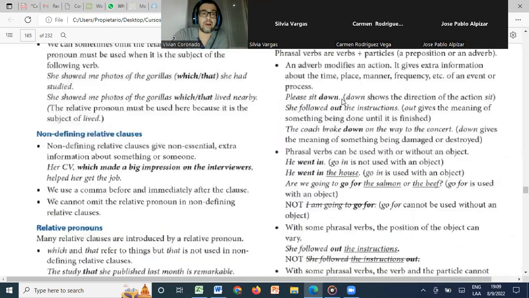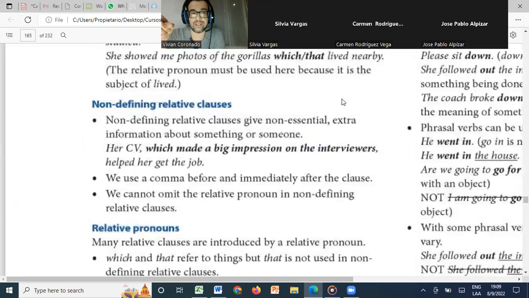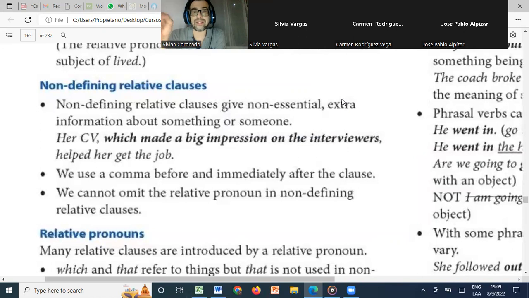Okay, we go to non-defining relative clauses. Non-defining relative clauses give non-essential information. So they are totally the opposite of defining, right? Defining gives essential information, but these ones give non-essential or extra information about something or someone, okay?